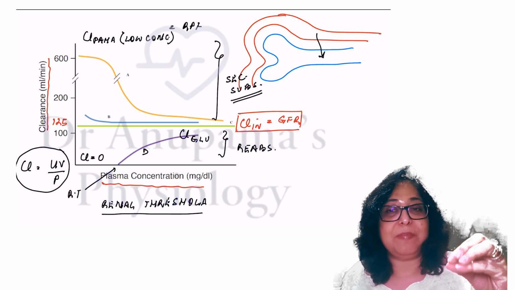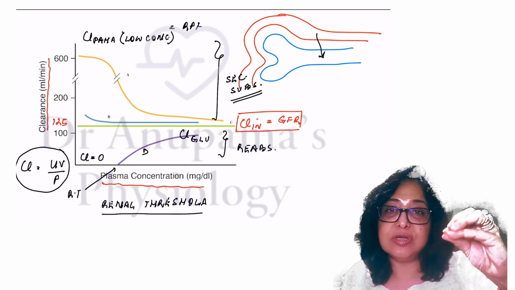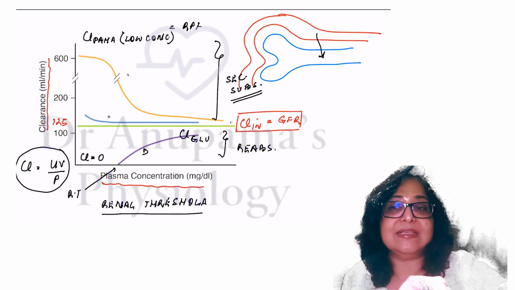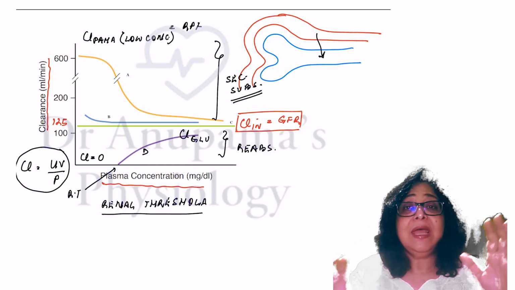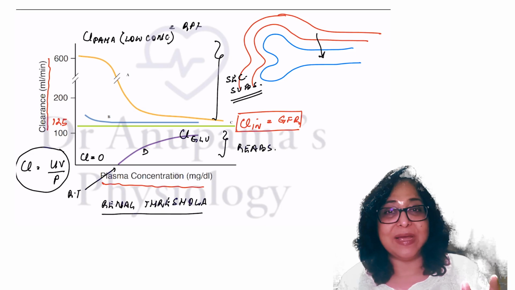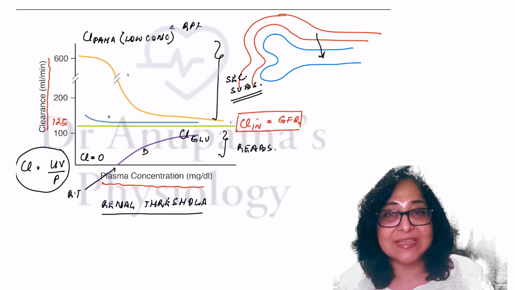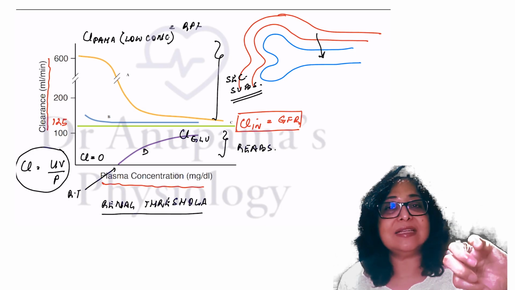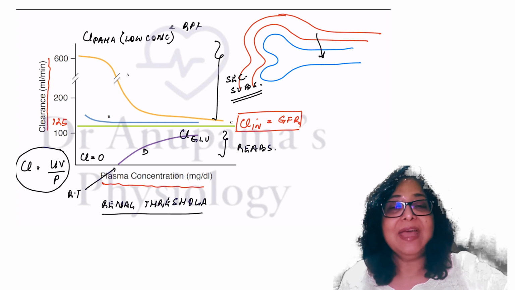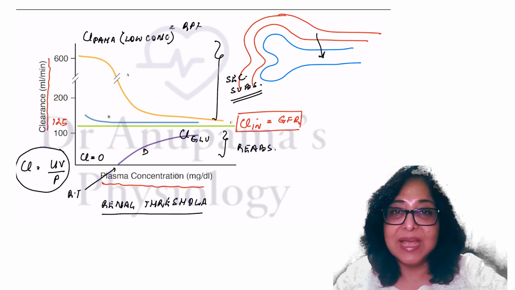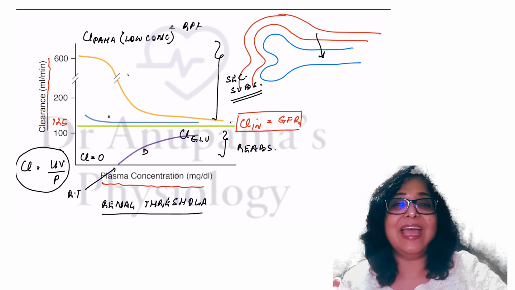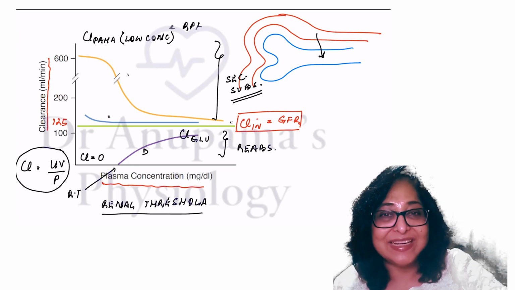Why? Because para-aminohippuric acid in low concentration is freely filtered and completely secreted. But as the plasma concentration of para-aminohippuric acid increases, the secretion starts reducing. Why? Because para-aminohippuric acid is secreted with the help of a carrier protein.